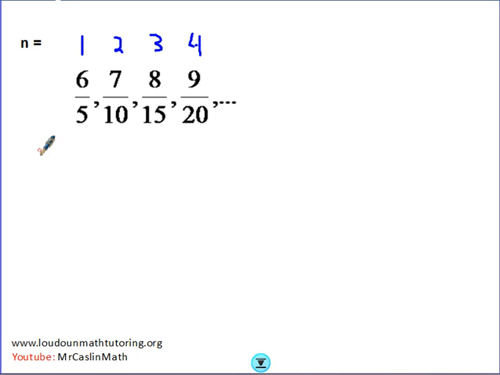Okay, so let's talk about geometric sequence. Remember, in a geometric sequence, you'd be using a multiplier to hop from one number to the next. That number can be greater than 1, or that number can be less than 1. A way to check if they have that common multiplier, or common ratio, would be to take the second number and divide it by the first number.